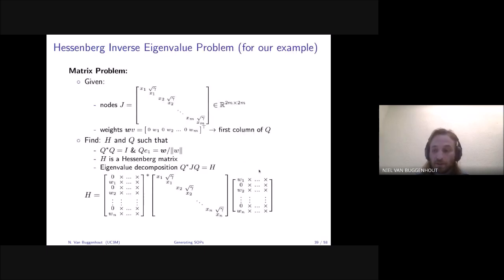Okay, so then we arrive at the Hessenberg inverse eigenvalue problem, which again I will state for the example that we are looking at.